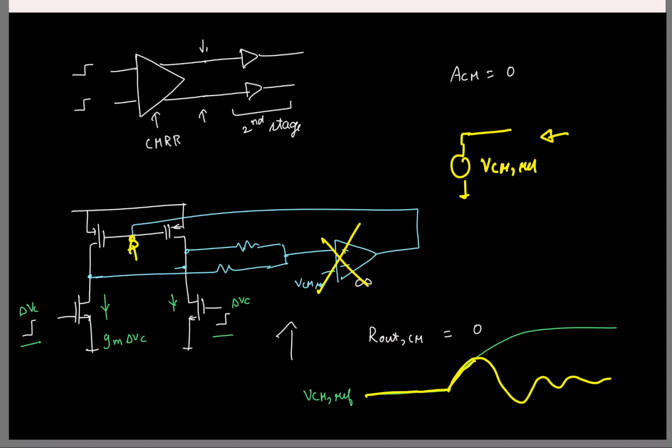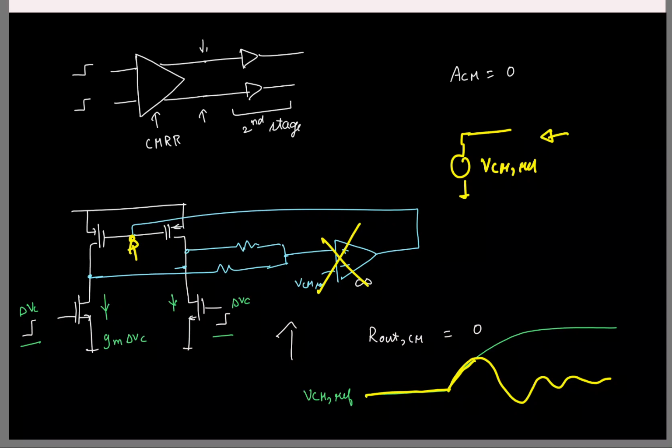The point is, it is not good enough to have just this common mode feedback loop, because it is taking some time to set my output common mode. So it is not good enough to rely on the common mode rejection provided by the CMFB alone.